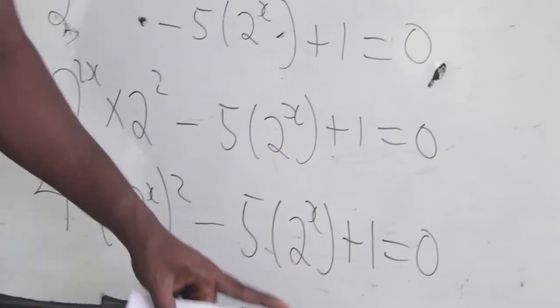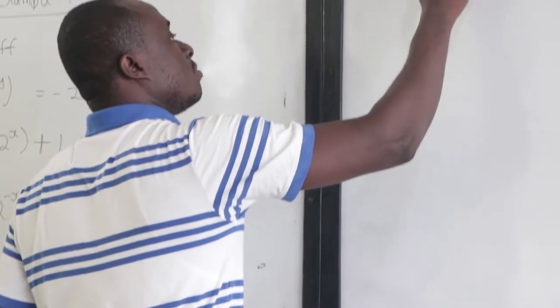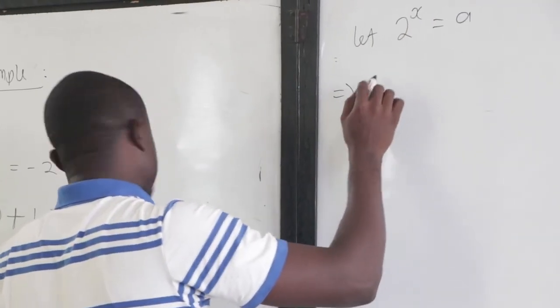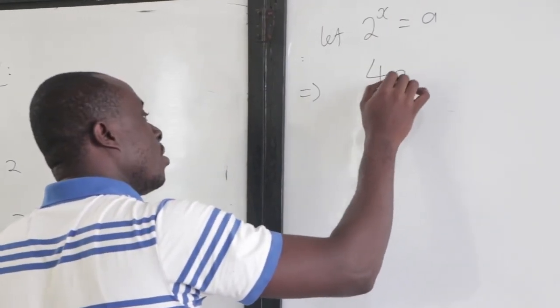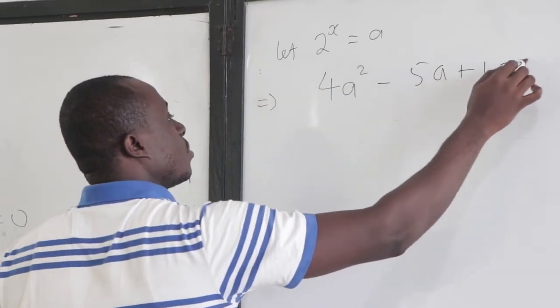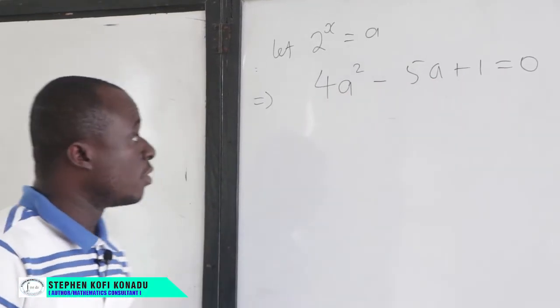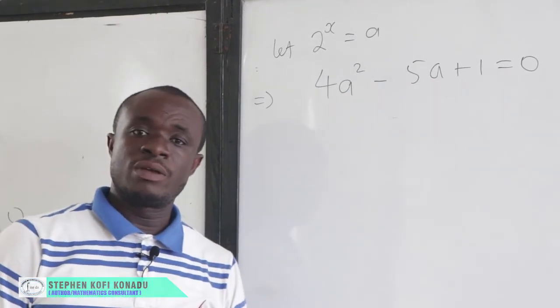So minus 5, you have 2 to the power x, plus 1 equal to 0. 2 to the power x, we can let it be a. So you can say let 2 to the power x be equal to a. This implies that you have 4a squared minus 5a plus 1 equal to 0. Multiply 4 by the constant, we have 4. Two numbers, when you multiply, you get 4, when you add, you get negative 5.